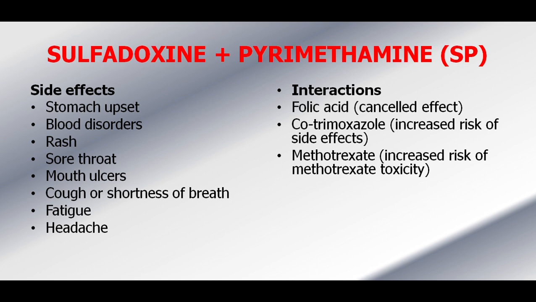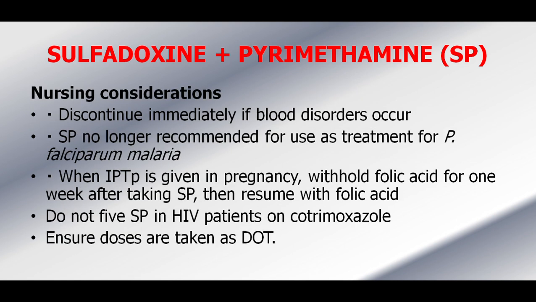Methotrexate is an anti-cancer drug that belongs to the group of drugs called antimetabolites. It's used in the treatment of cancer. It's also used in the management of ectopic pregnancy. So it interacts with Fansida.